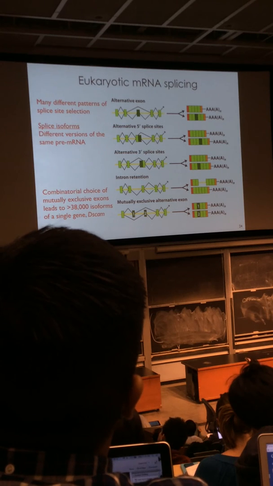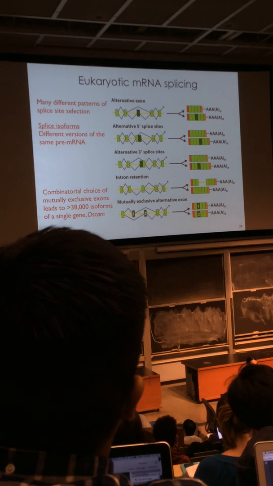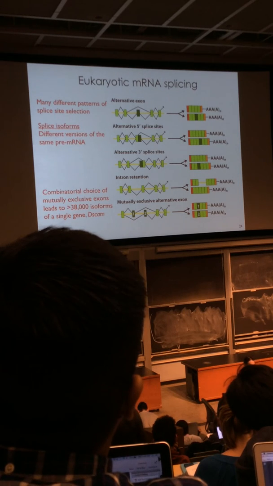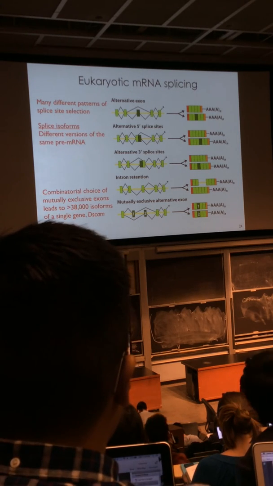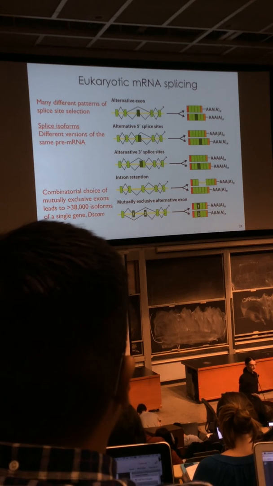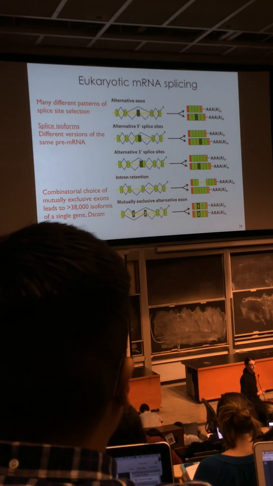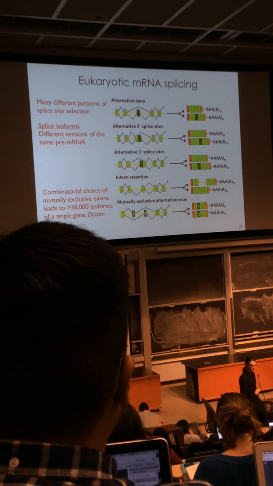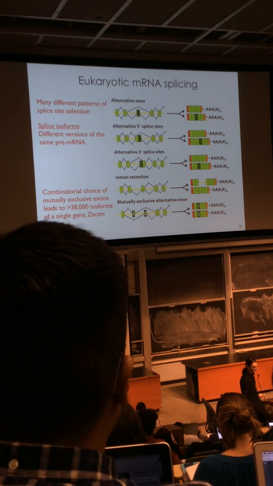In some cases, you can actually entirely retain an intron. An RNA that's produced in that way usually no longer codes for a protein. So this can be used to essentially transcribe an RNA but process it in an unproductive way to make something that's essentially junk. It certainly doesn't encode a useful protein for the cell.